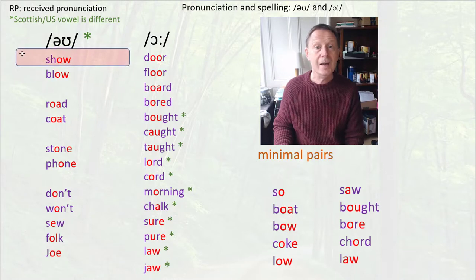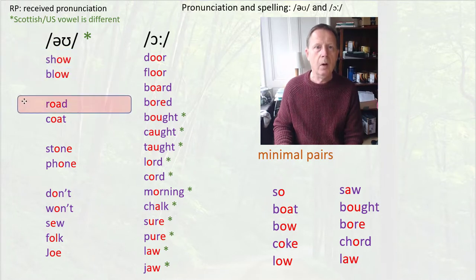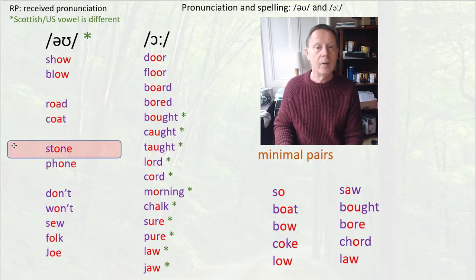And you can see there are different spellings for this sound. OW, for example, show. OA is a very common spelling for this sound. Road, coat, boat, etc. And then we have many words with O and E before and after the consonant, like stone, phone, or vote.